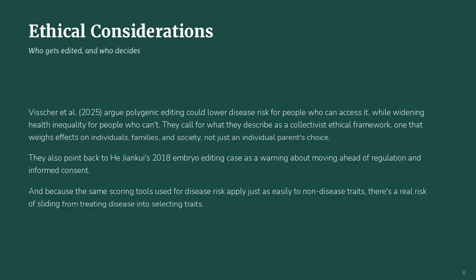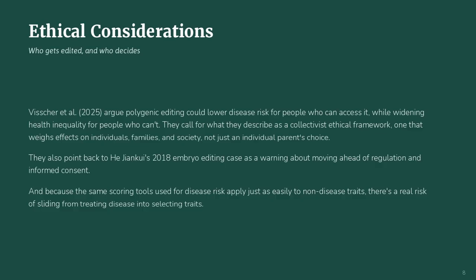And ethical considerations is really where the science runs into some real friction. Vischer and colleagues argue that polygenic editing could lower disease risk for the people who can access it while leaving everyone else behind, actually widening health inequality instead of shrinking it. They call for what they describe as a collectivist ethical framework, one that weighs effects on families and society, not just an individual parent's choice.